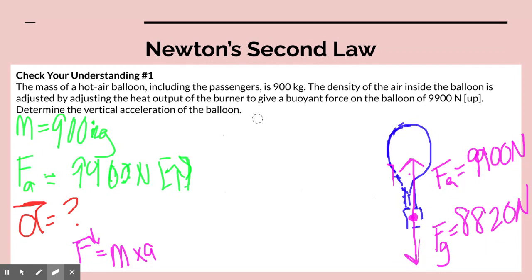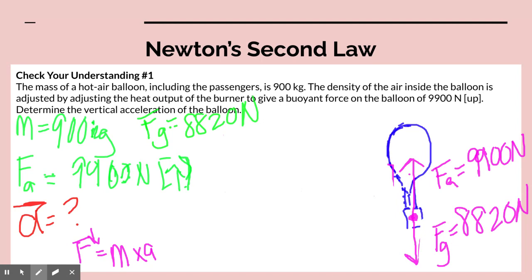So we've got the applied upward directional force, and we have the downward force due to gravity. Well, remember what we're looking for here.